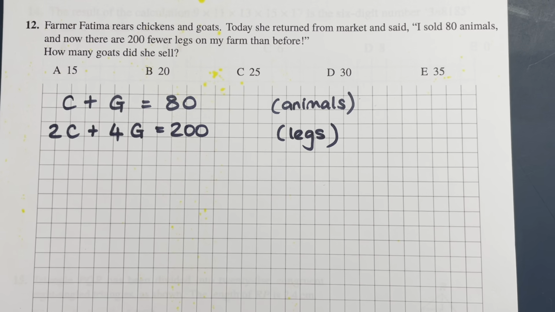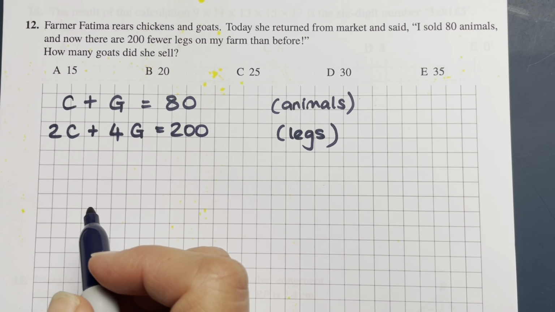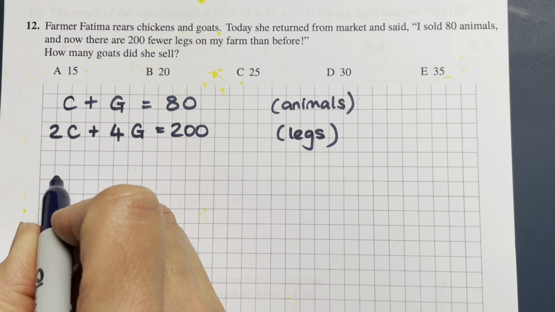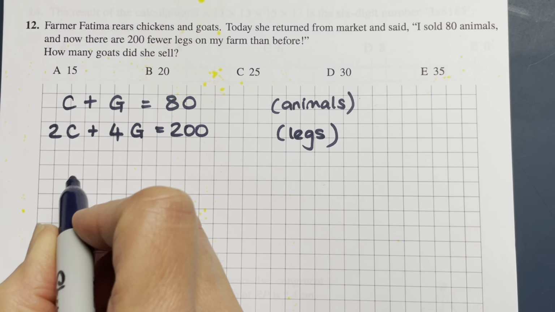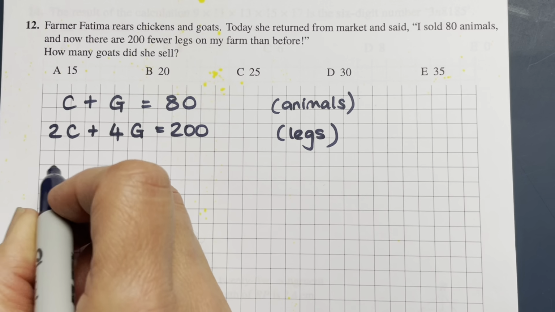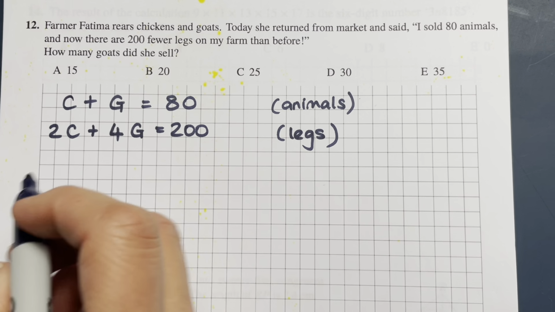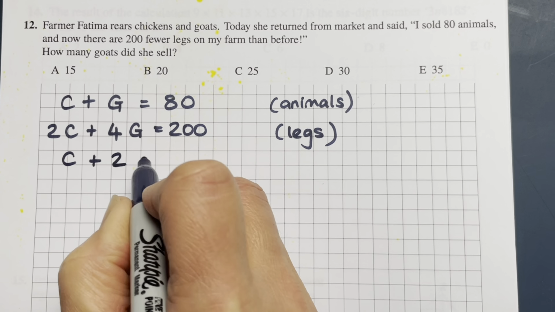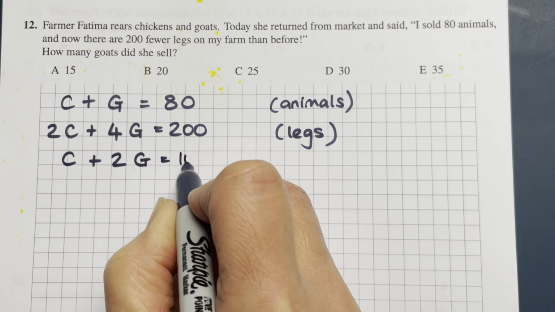I've now got 2 equations, so let's see what I can do. Let's rewrite it. If I simplify this, dividing by 2, I have C plus 2G equals 100.